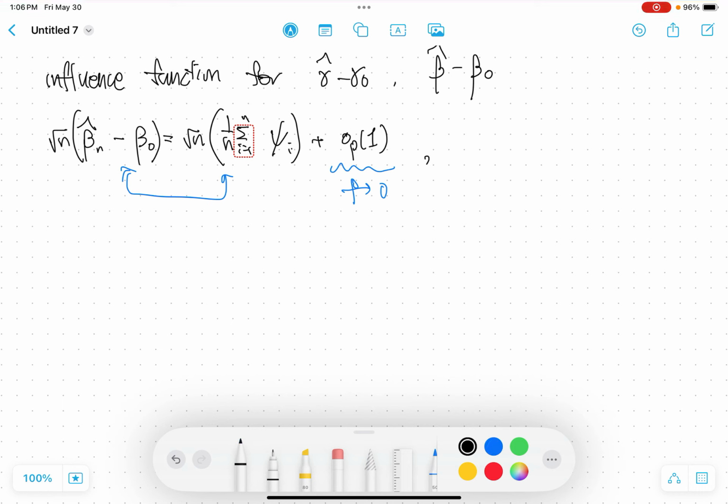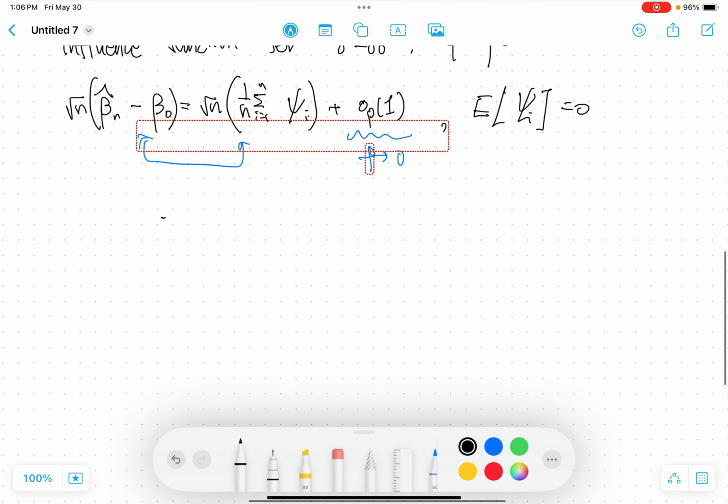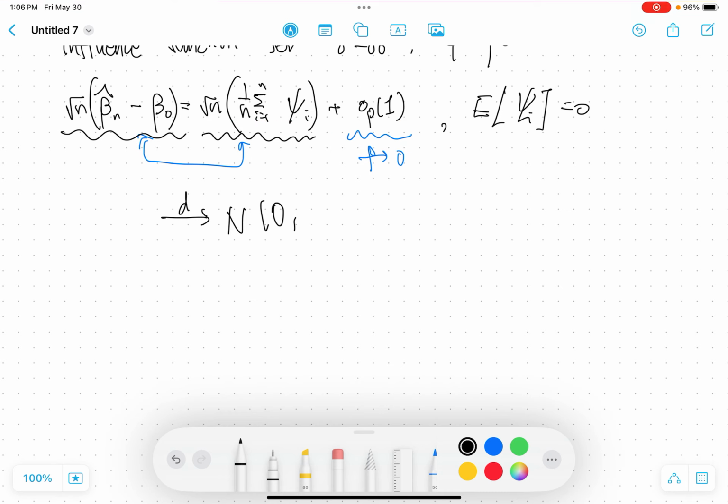Okay, and also the psi I has mean 0. The influence function must have mean 0, and then as you can see, this whole term looks very much like a central limit theorem. So the whole term goes to normal with mean 0 and variance of the influence function.